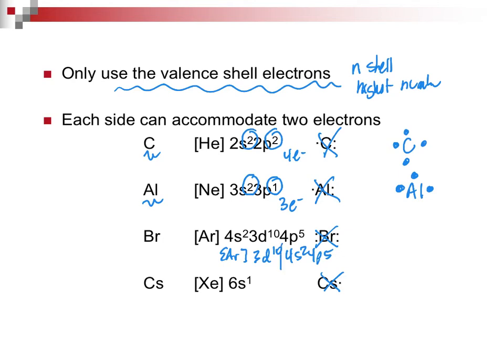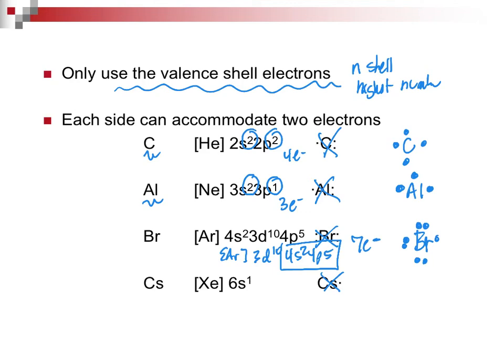Now, when I look at the electrons in the highest level, I have 7 electrons. 2 plus 5 is 7. And what I will do is I'll put the symbol for bromine. I'll go 1, 2, 3, 4, 5, 6, 7. It doesn't really matter where you put them, but bromine should have 7 electrons around it.